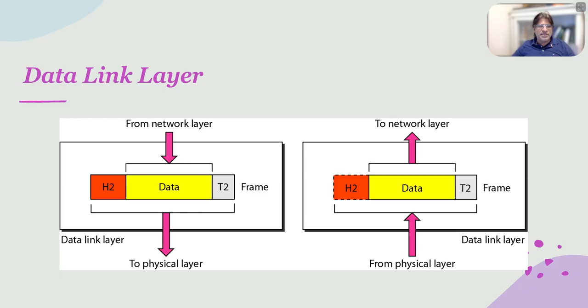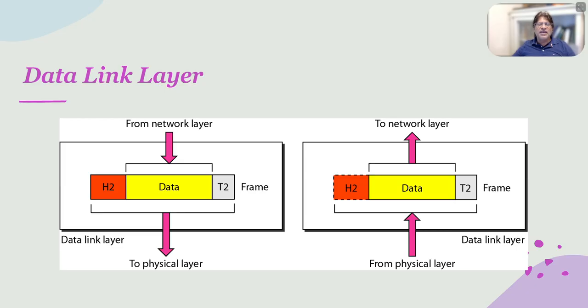So this is the sender on this side. Now this information is sent from the sender to the receiver. Once the information is received on the receiver side, from the physical layer it makes it to the data link layer, where the header is taken off.